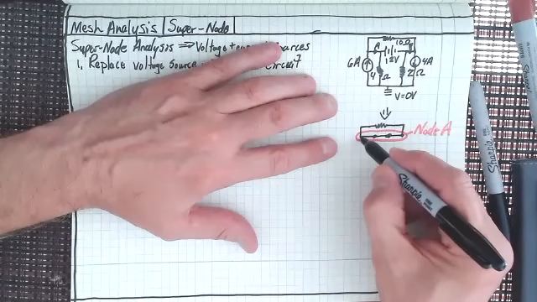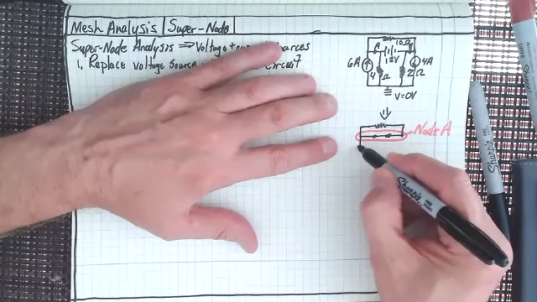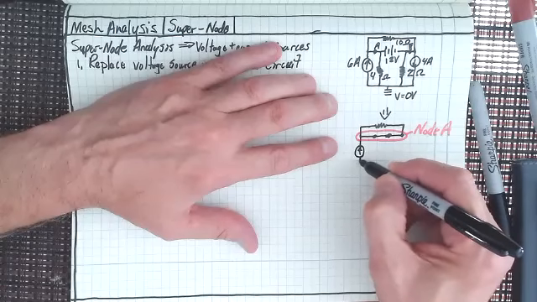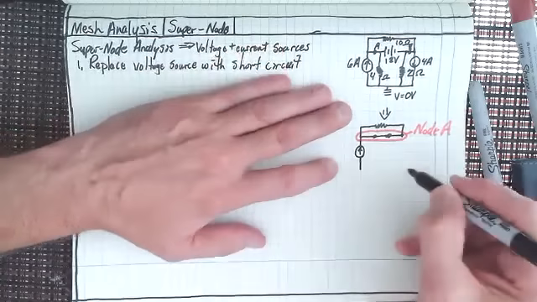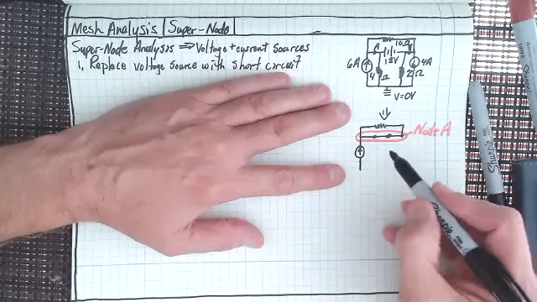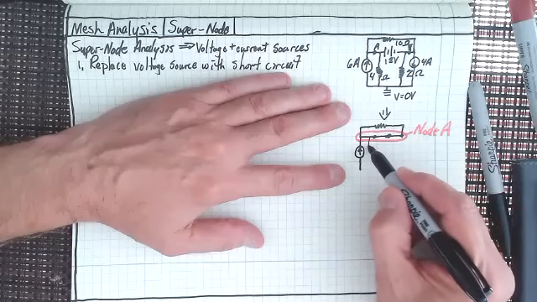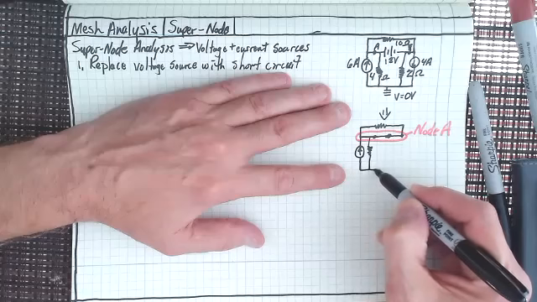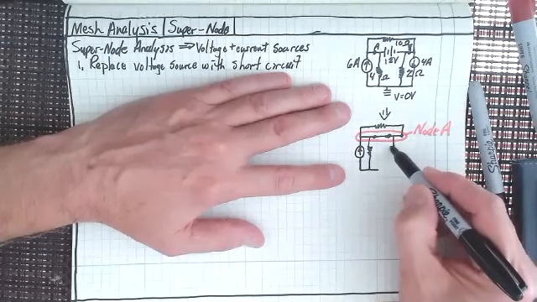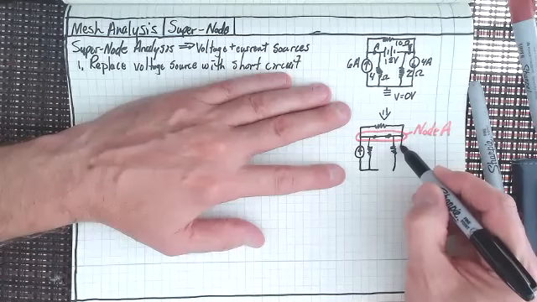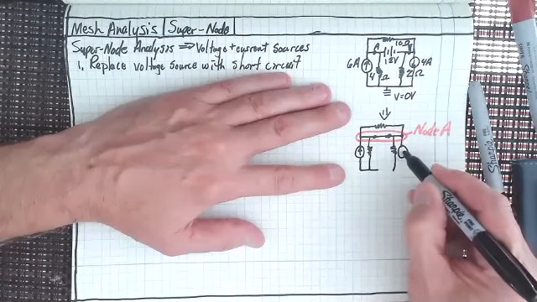Now I come down through here, I'm still going to keep my current sources in there. I'll draw it a little further down. And I'm still going to keep my resistors in there. Let me just drop these down so I can find out where my line is going to go, right?